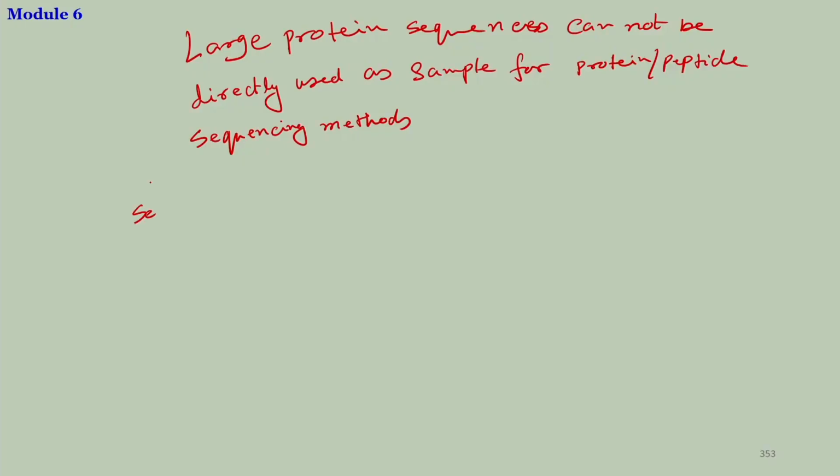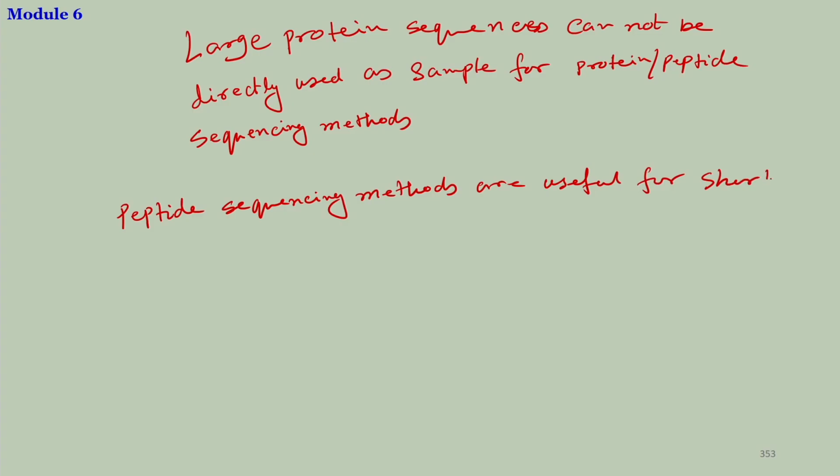So, peptide sequencing methods, I will write now. Peptide sequencing methods are useful for shorter peptides, such as maybe 40 to 60, 70, let us say 60 amino acids long.